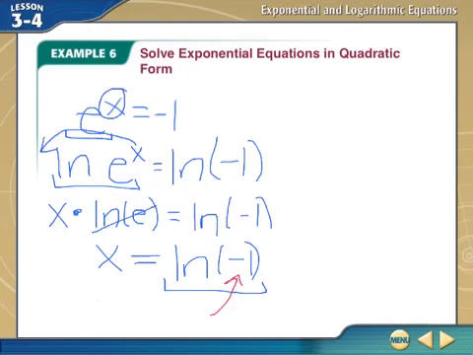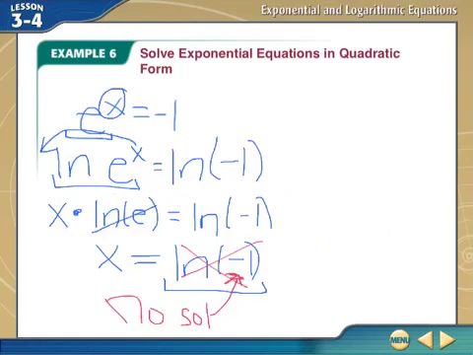Because exponential functions have a range of y greater than 0, then the domain of a logarithmic function has to be greater than 0. So therefore, natural log of negative 1 does not exist. So we say no solution to that part, or we would say extraneous.